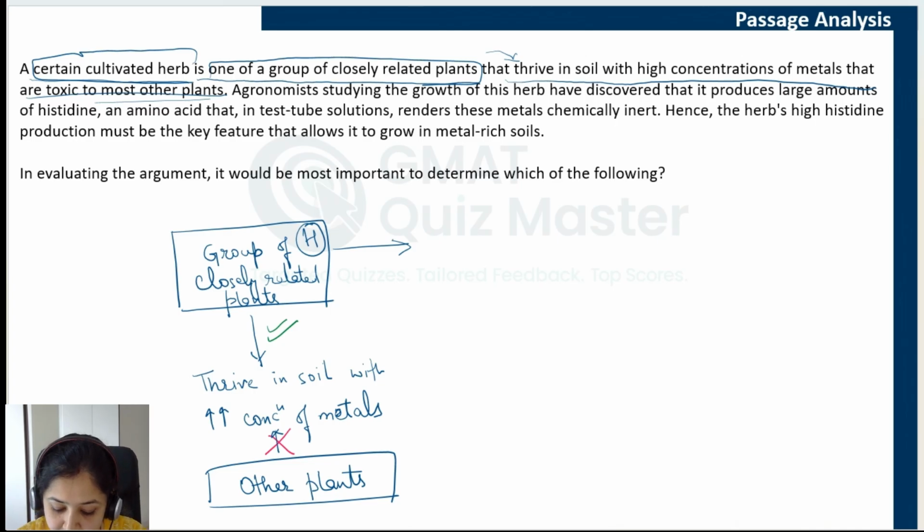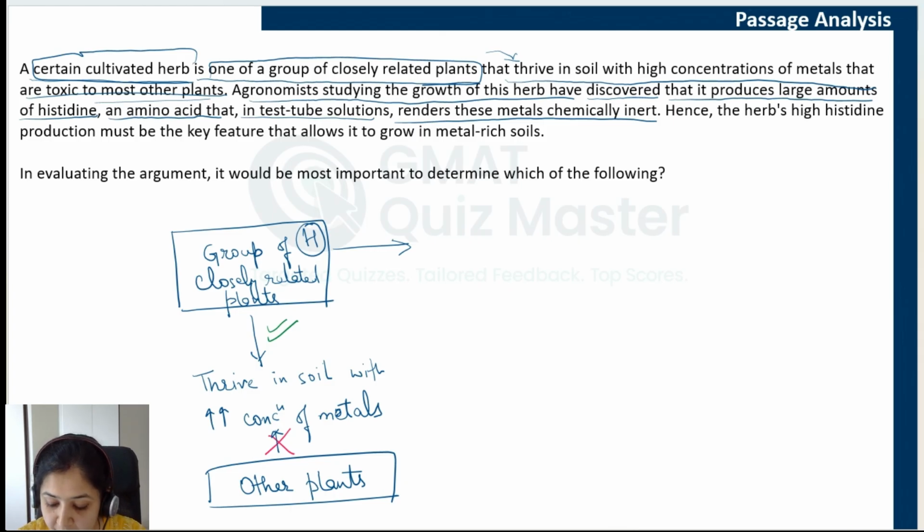Let's read further. Agronomists studying the growth of this herb have discovered that it produces large amounts of histidine, an amino acid that in test tube solutions renders these metals chemically inert. Now, what do we know from the people who are studying the growth of this herb?